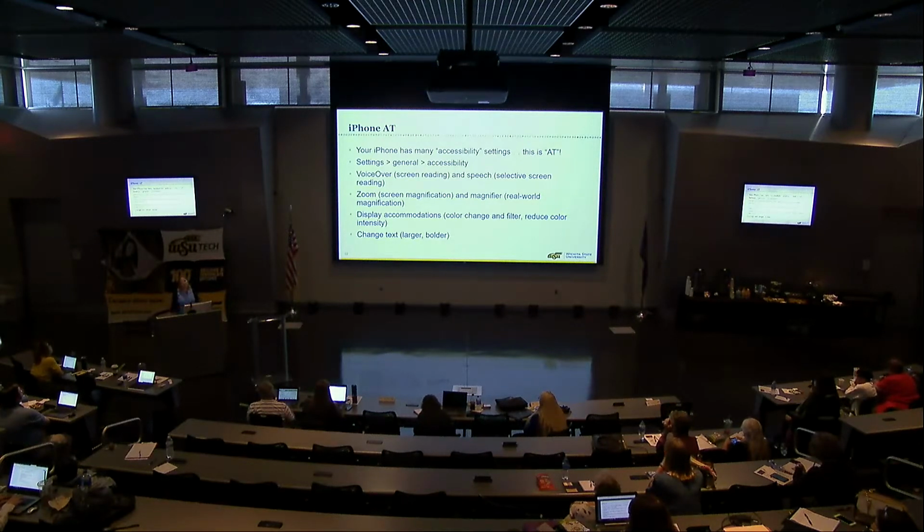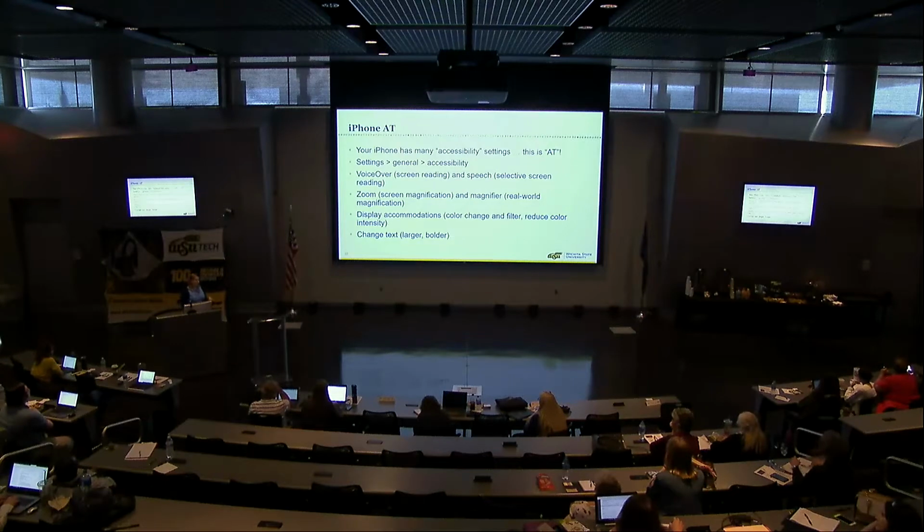Lots of display accommodations, lots of color changing, just like with a Mac: reducing color intensity, reducing light intensity, changing the color of the underlying light behind it, like with night shift and other kinds of things. And you can change your text. So on my phone, my text is larger than average, and it's also bold.